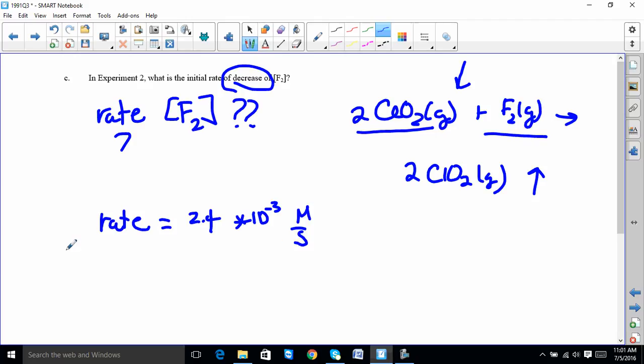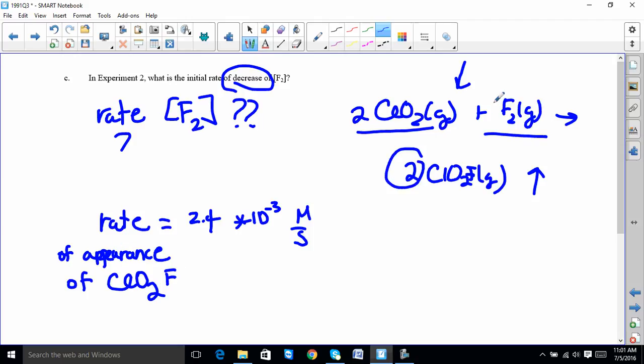This was the rate of appearance, because remember, the products appear, the reactants disappear, of ClO2. Sorry, I missed this F in here. It's got to be balanced. But they didn't ask about that. They asked the disappearance of this. Well, see that 2 to 1, 2 is twice as big as 1.